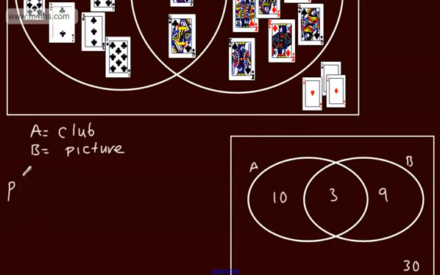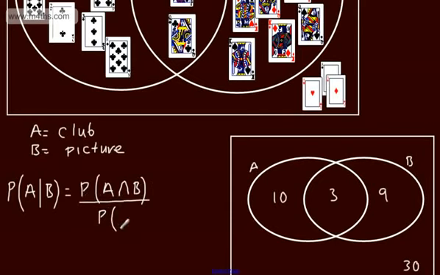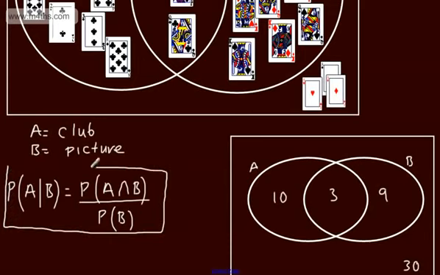This gives rise to the multiplication rule. The multiplication rule is: the probability of A given B is equal to the probability of A intersection B, so A and B, divided by the probability of B. Please bear in mind that this can be written the other way round also. So the probability of B given A is equal to the probability of B intersection A divided by the probability of A. Let's just read this.